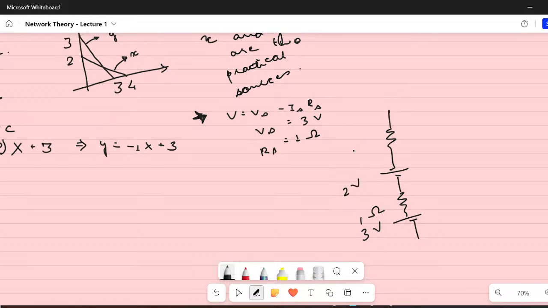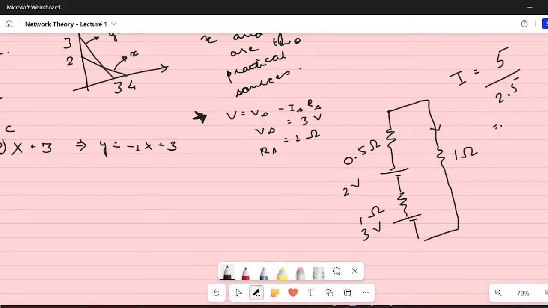Now this would be 2 volts and this would be 0.5 ohms, right? And we were asked the current through the resistance of 1 ohm. This is a very simple question. We were only given two characteristics of practical sources, and in this case we calculated I to be 2 amperes.